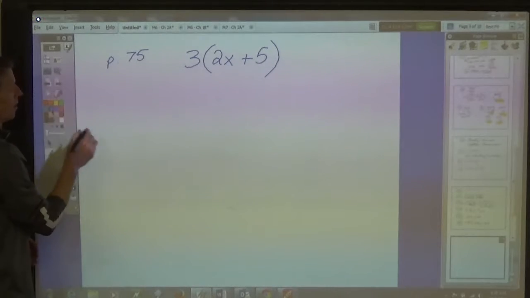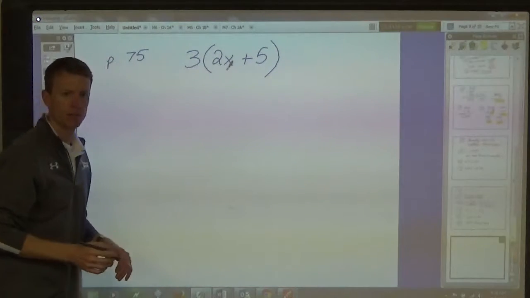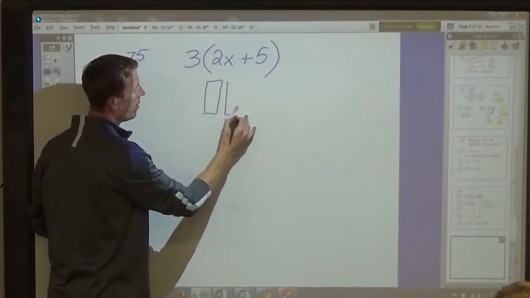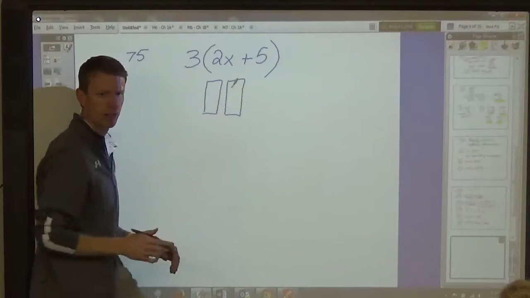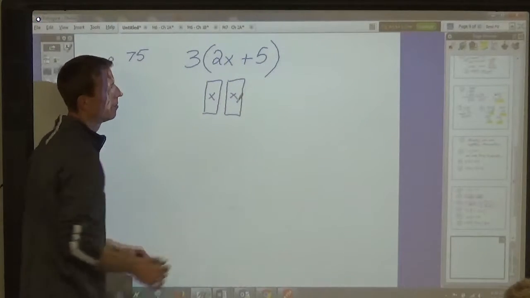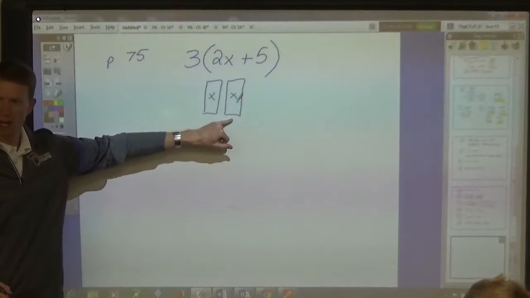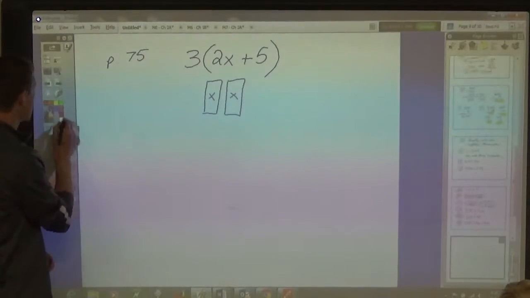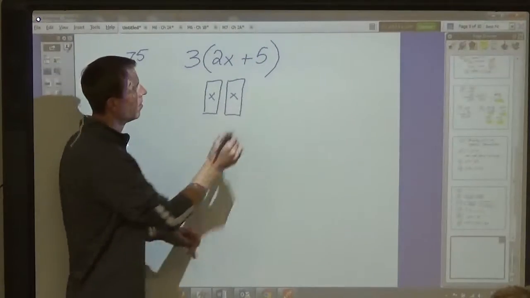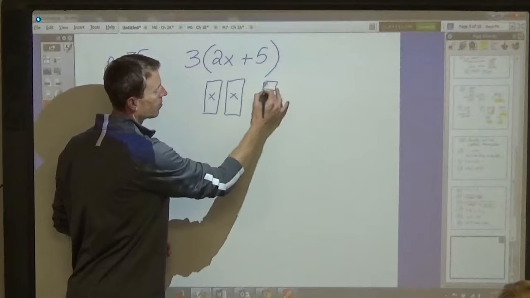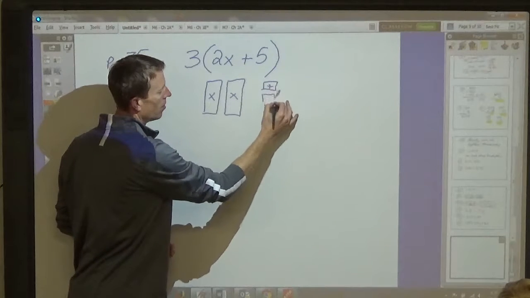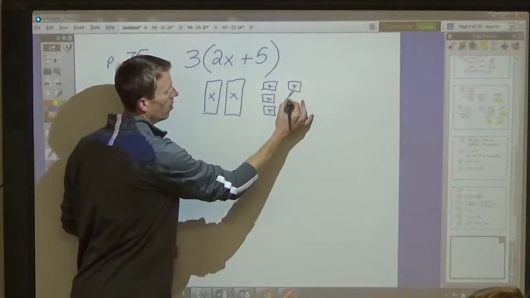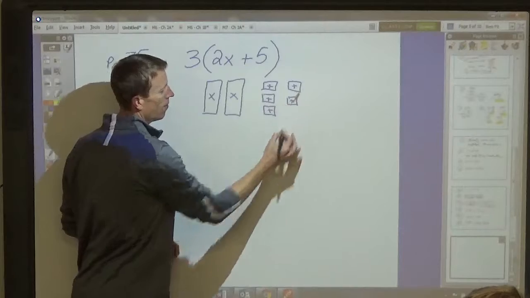So if we have two x's, we can draw a model of that by, they use this type of a bar and label each of them x. Okay? So this represents two x's. Okay? And then 5 ones can be just 1, 2, 3, 4, 5.